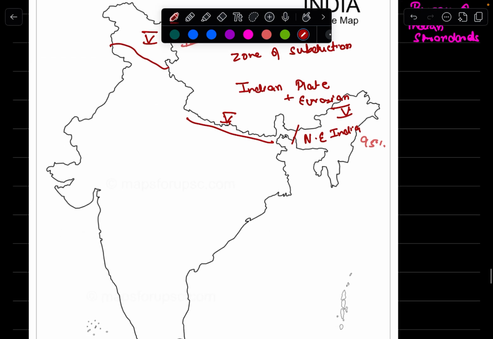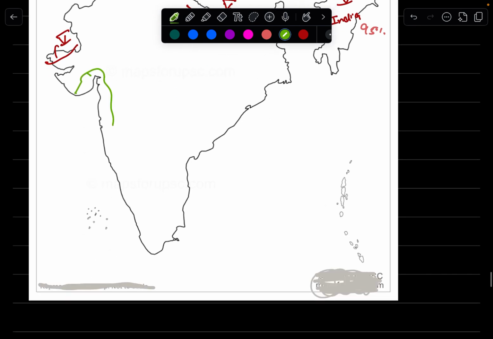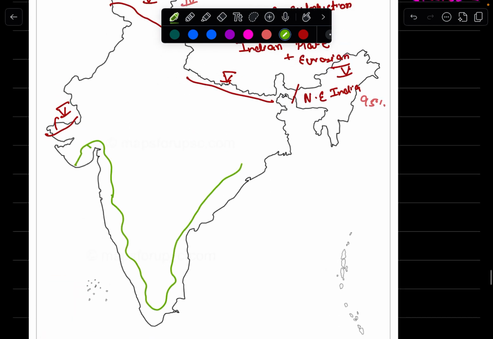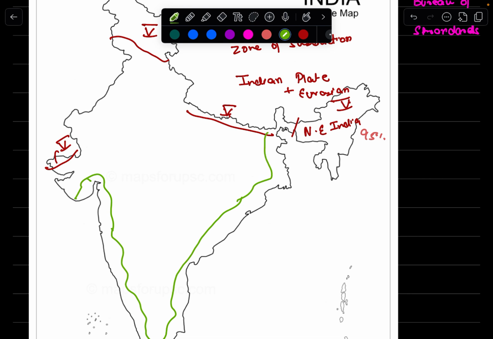After that, this region also lies in zone 5. The coastal region mostly falls in zone 4, and this region again is zone 4.